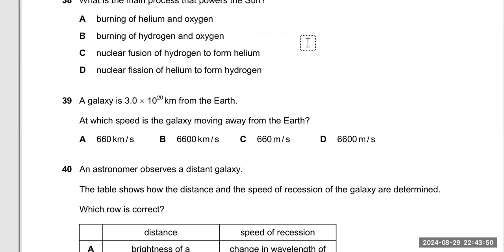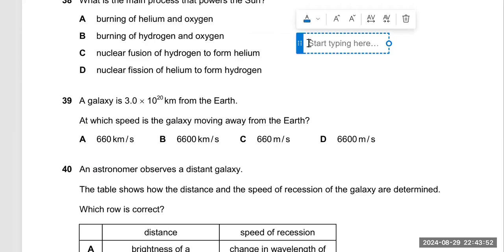Remember, Hubble's law says that V is equal to HD, where H is the Hubble constant and D is the distance of the galaxy from the Earth, and V is the speed with which the galaxy is moving away from the Earth.